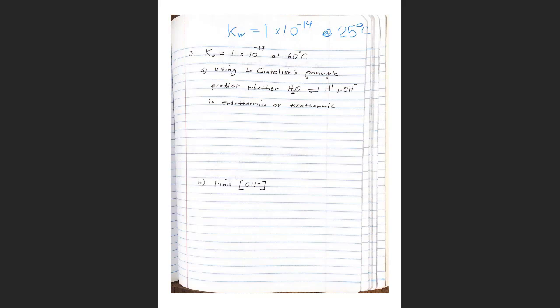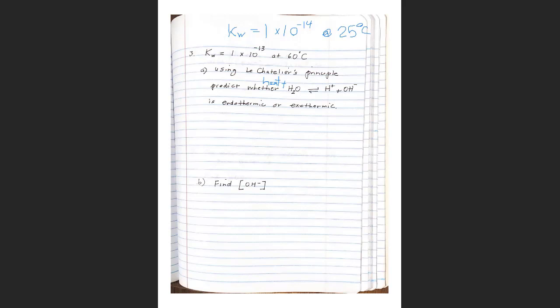Yes, exactly. It's endothermic. If you add heat and it shifts the equilibrium towards the products, then that is a sign that it would be an endothermic reaction. If I wrote this reaction with heat in it, I'd say heat plus water gives you the other.